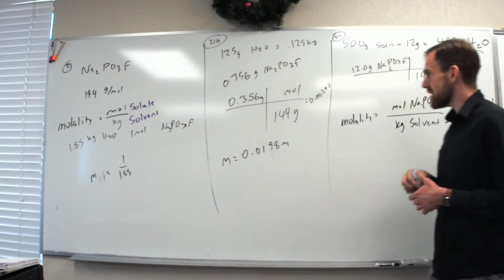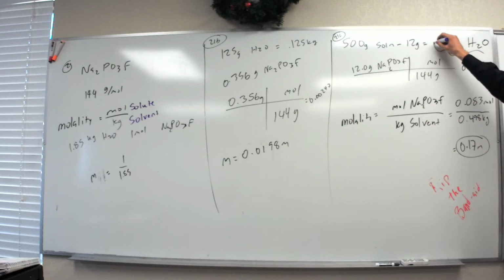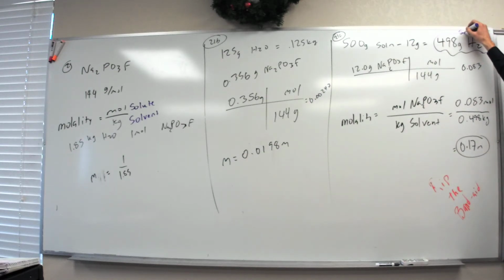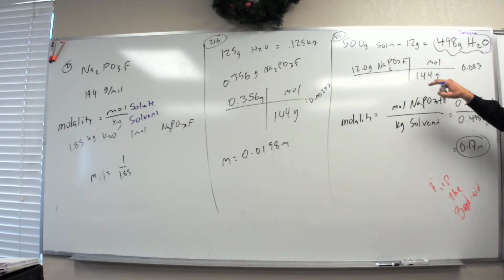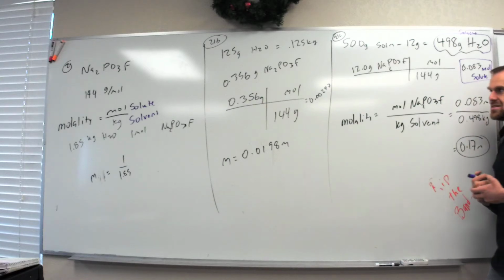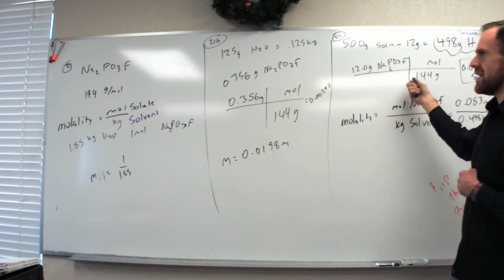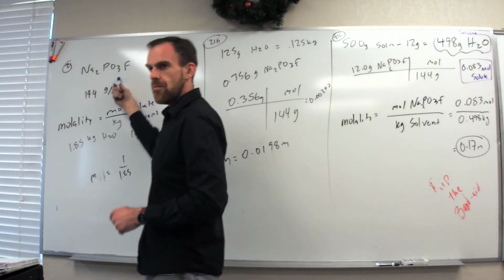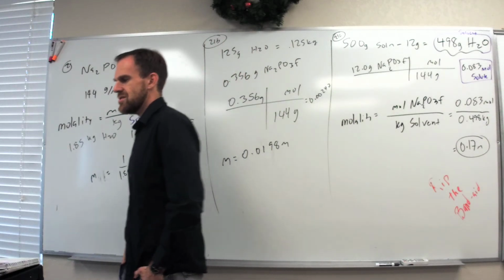So to get the kilograms of solvent, I needed that. I need moles of solute, which is that. So why didn't you use the 498 grams? Because I need kilograms. Oh, so where'd you get the 144? It's given in the problem. It's the molar mass of that. Good question.